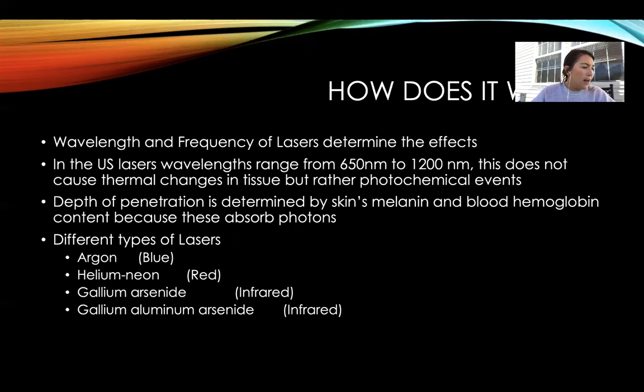Argon is going to be more of that 488 nanometers. Gallium arsenide is 904. Gallium aluminum is 830. And helium neon is going to be 632.8. So again, the wavelength is going to determine how deep the penetration of the laser is.